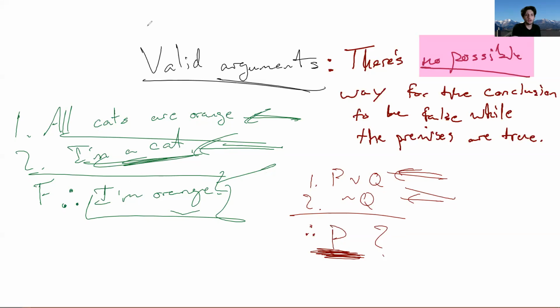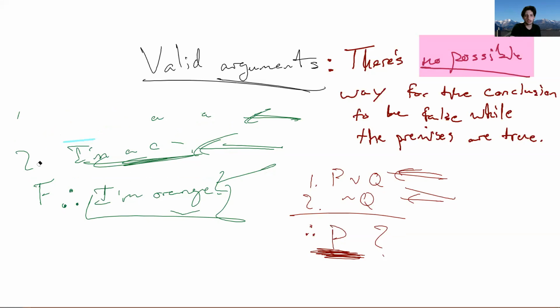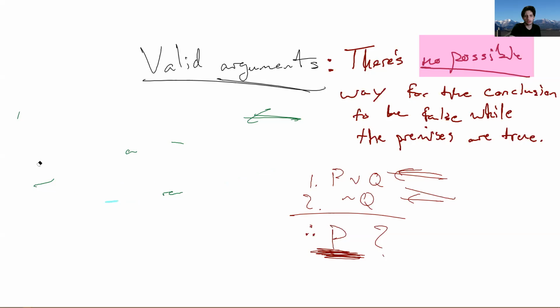Now, an important extra notion here is called soundness, and that's the other piece of the pie. You might think, why do I care about validity if such a weird argument like that is valid? Is that what a good argument is? I can be talking about all cats being orange, and that's supposed to be a good argument?